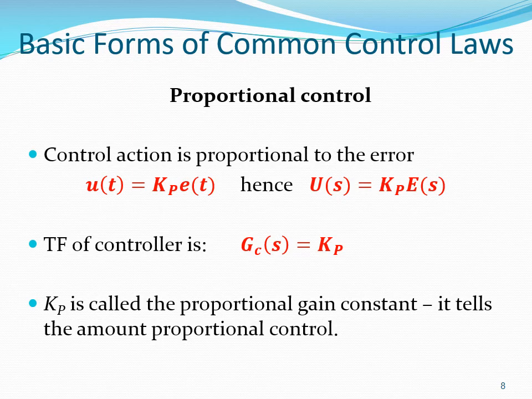Kp is a constant, u(t) is the control action and e(t) is the error. In Laplace domain, U(s) equals Kp times E(s). Therefore, the TF of the controller is Kp. Kp is referred to as the proportional gain constant, and it tells the amount of proportional control.